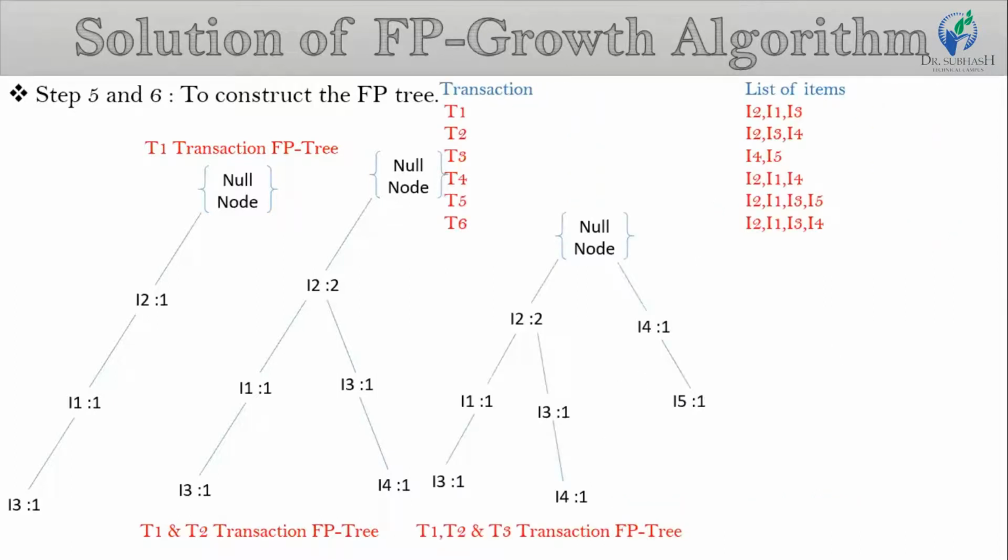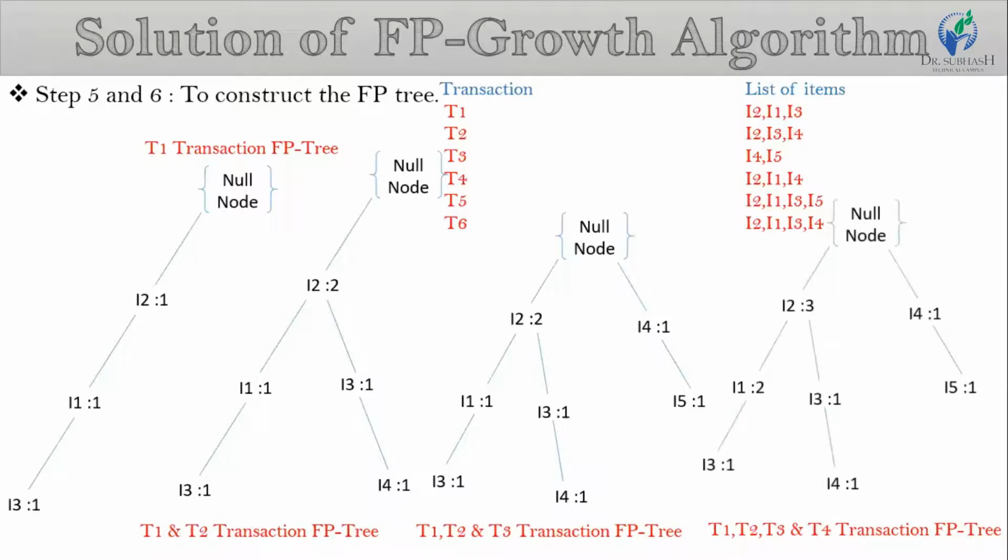Now in the T4 transaction, this is the combination of T1, T2, T3 and T4 in the FP tree. In T4 we have items I2, I1 and I4. In that, I2 is already linked to the root node, hence it will be incremented by 1.